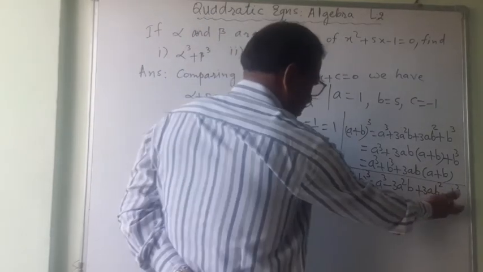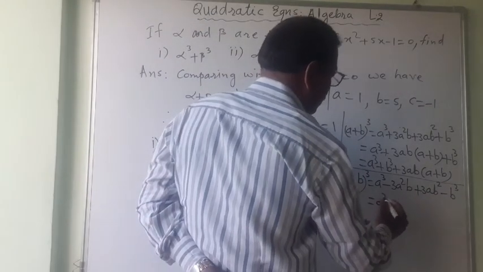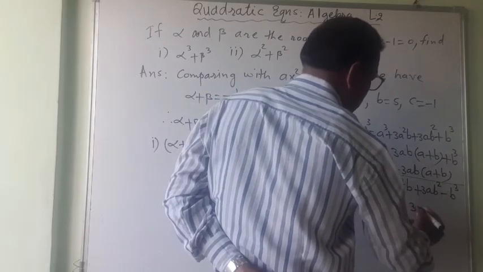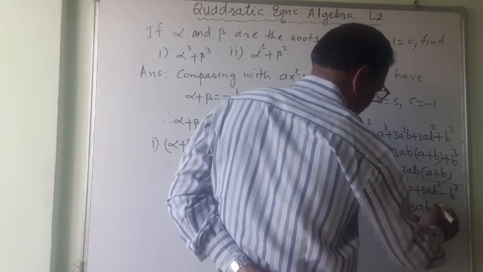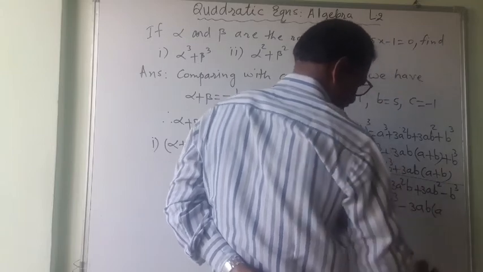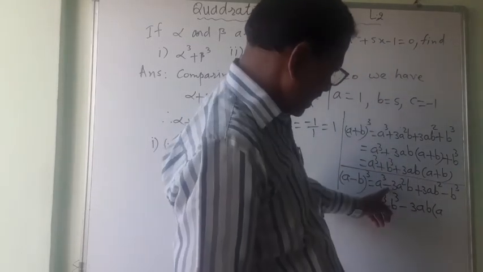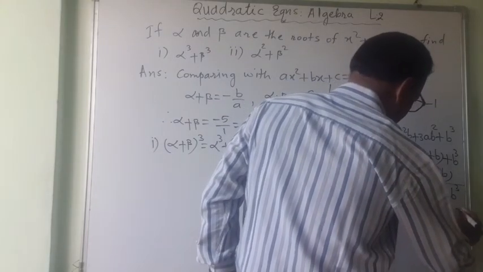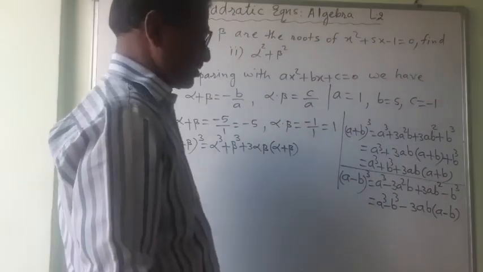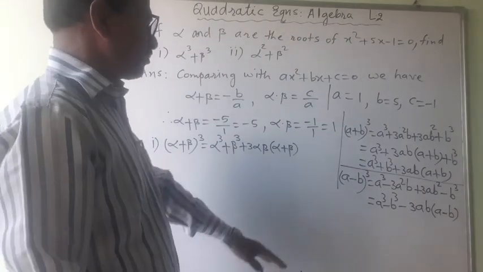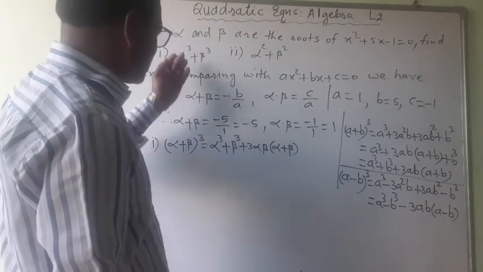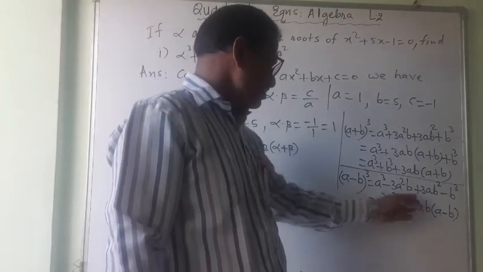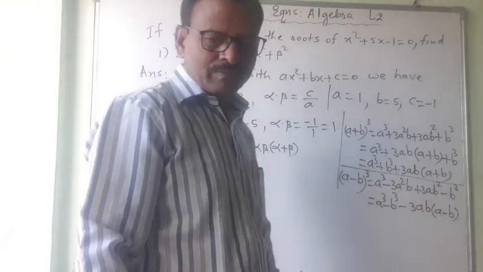So this I will bring together, a cube minus b cube, common is minus 3ab, here it will remain a. As minus is taken, this will become minus, so minus b. See the adjustment. So it is not that only this question will be asked. They can ask a cube minus b cube also. Bring this here and you will get a cube minus b cube.